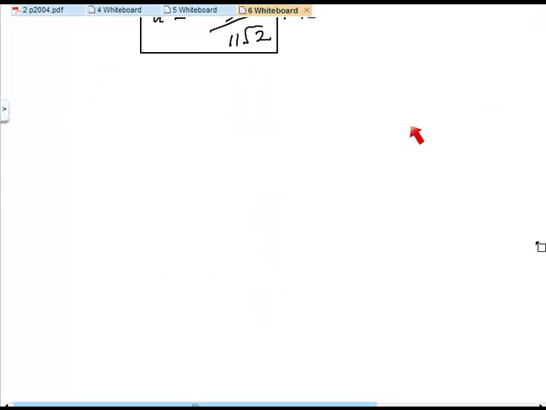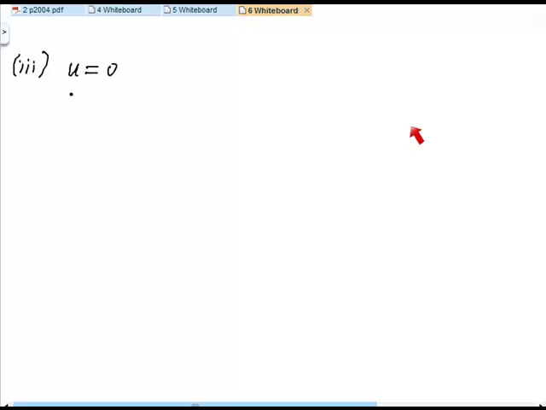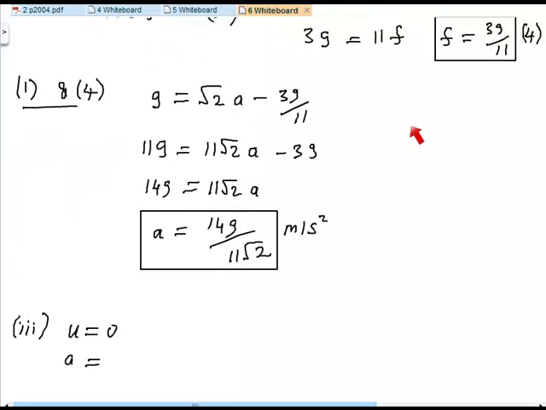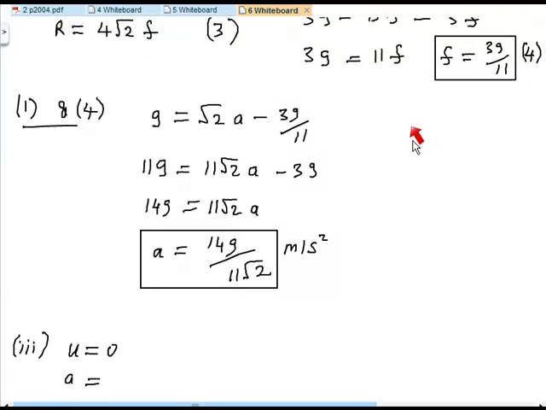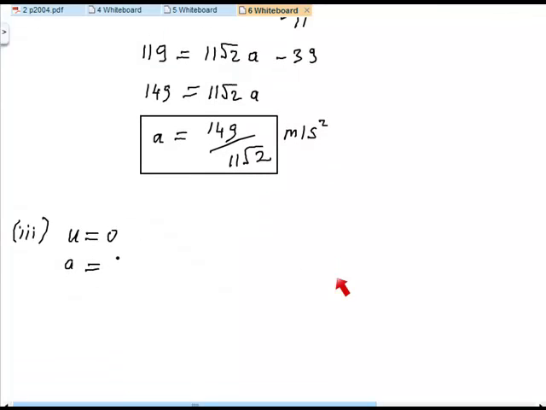So for part 3 of the question, u is equal to 0, a is equal to 14g over 11 root 2, and the distance s is 1 meter.